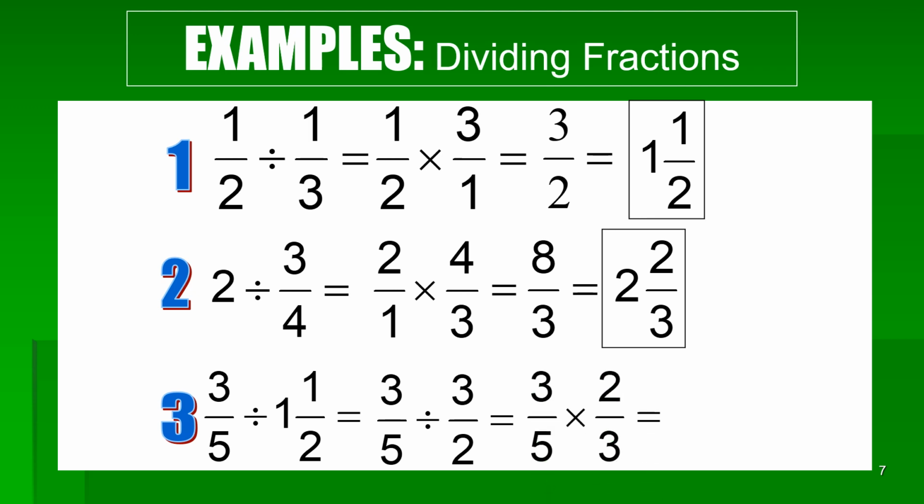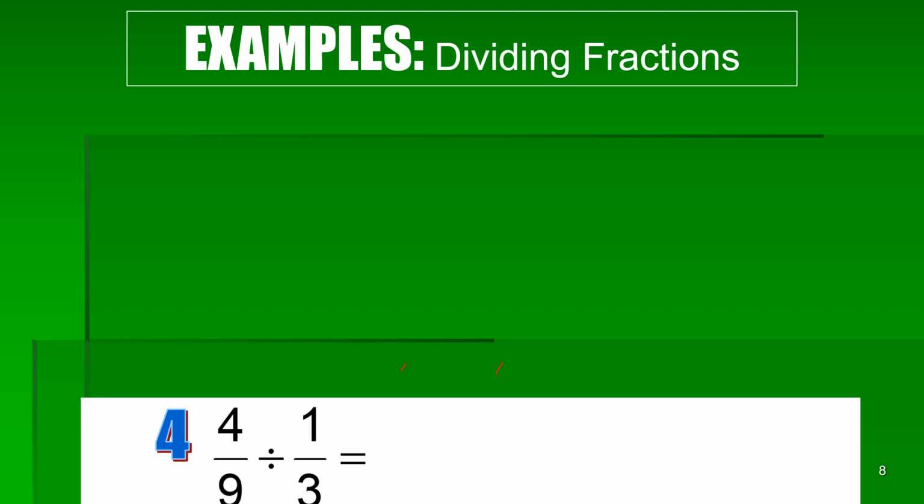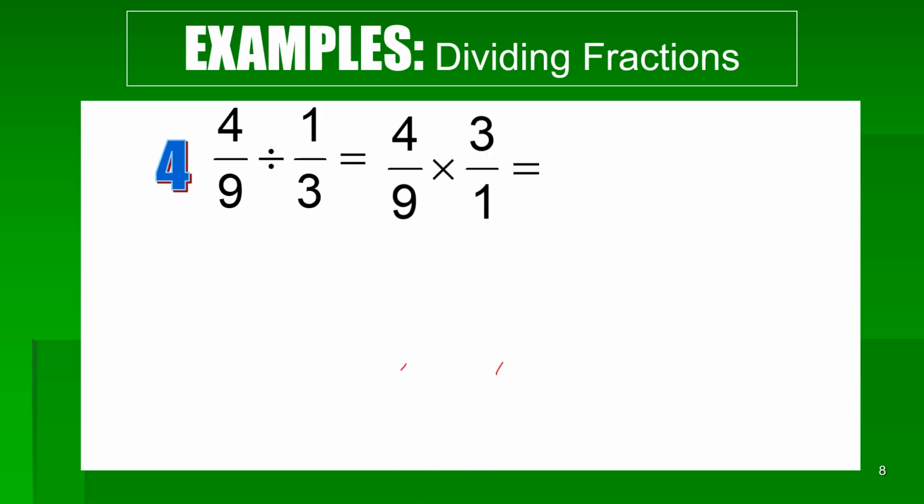So 3/5, copy, change the operation, and flip the second as 2/3. We got a 2 cancelled, because using the GCF, or cross product theory. So we got 2/5 as our final answer. Okay, let's have more examples. We have 4/9 divided by 3/9.